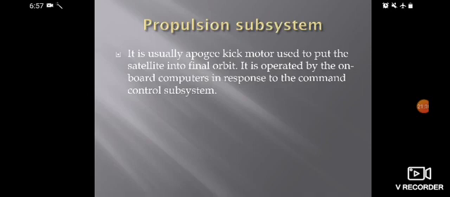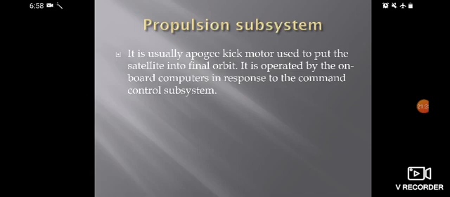When the satellite is in an elliptical orbit, the farthest point from the earth of that orbit is called apogee. Farthest is nothing but the longest path from the earth.